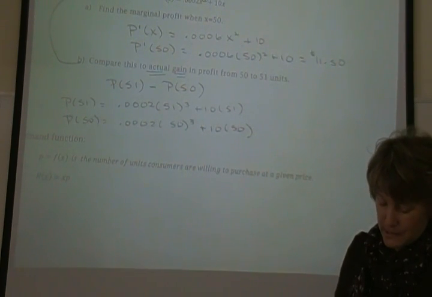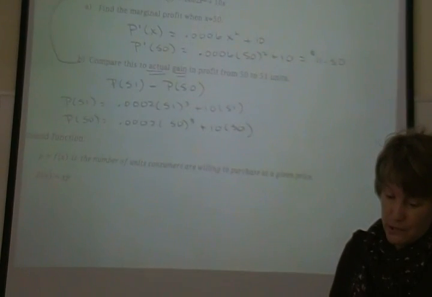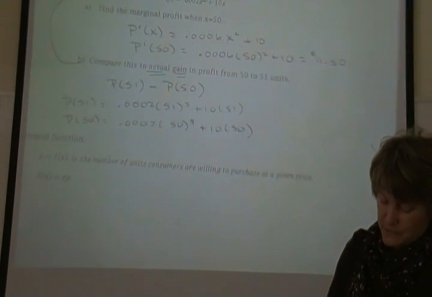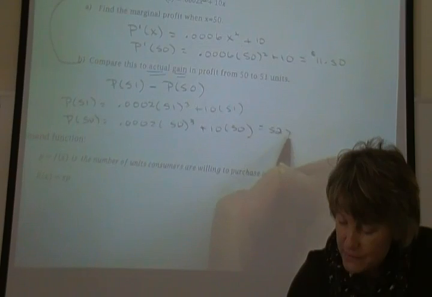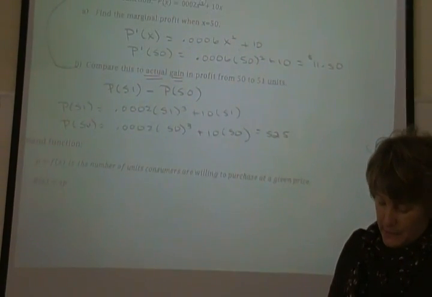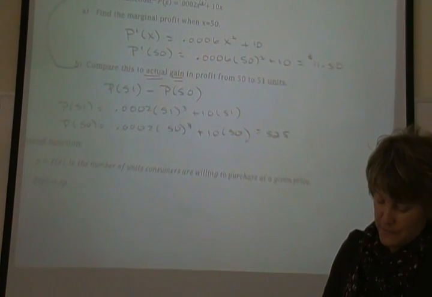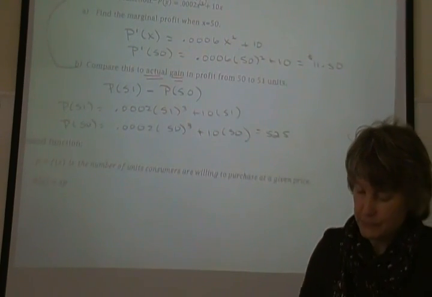So I've got 0.0002 times 50 times 50 times 50 plus 10 times 50. This bottom one is 525. And then 0.0002 times 51 times 51 times 51 plus 10 times 51.